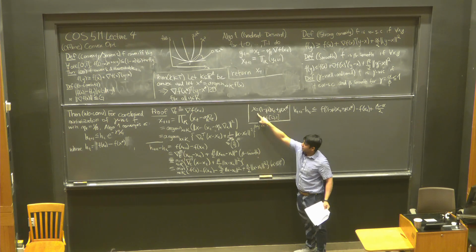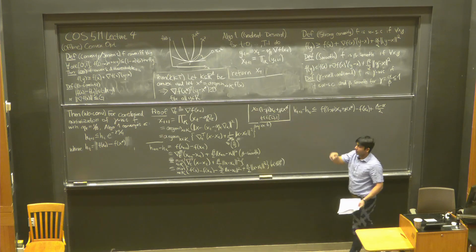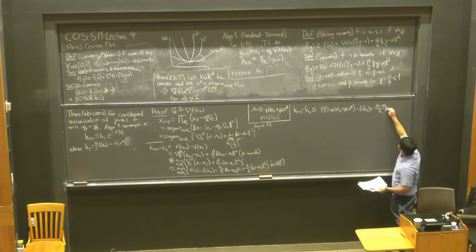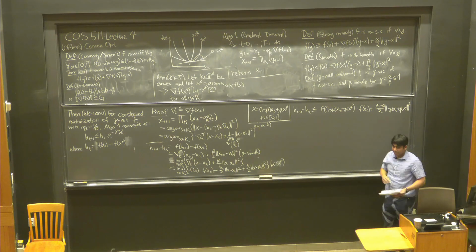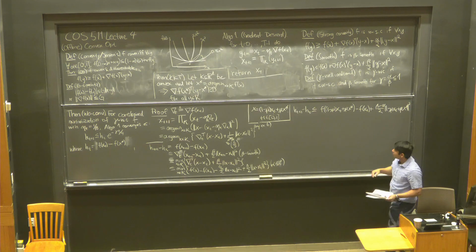When we subtract x and xt, and over here, we'll get rid of this 1, and we'll be left with the norm of, like so. Okay.